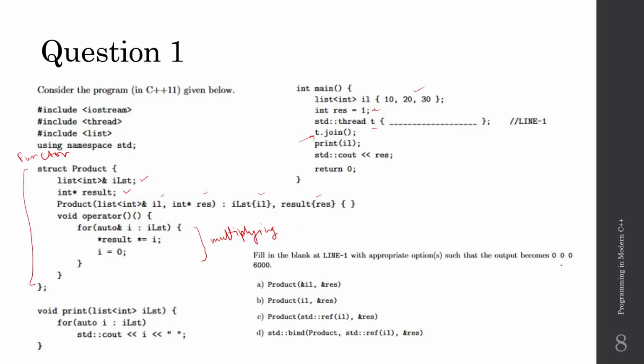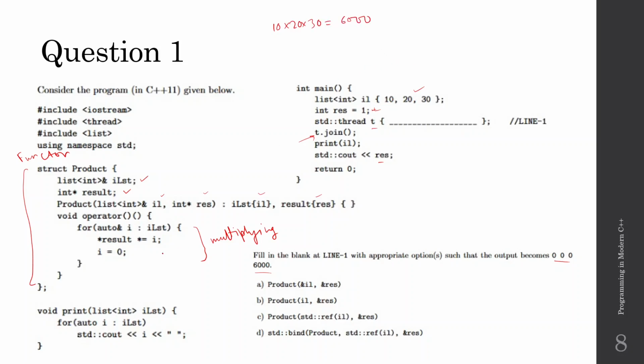Now if you look at the main function, the last variable to be printed is res, which means that res should be 6000. And res is basically the product of all the array elements. So you can see that 10 into 20 into 30 would give 6000.